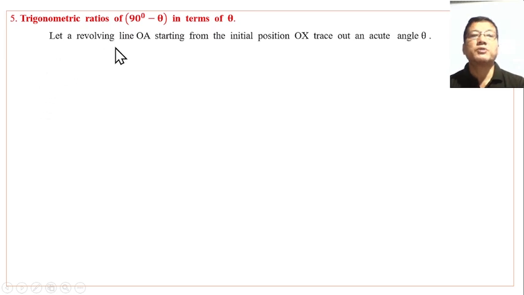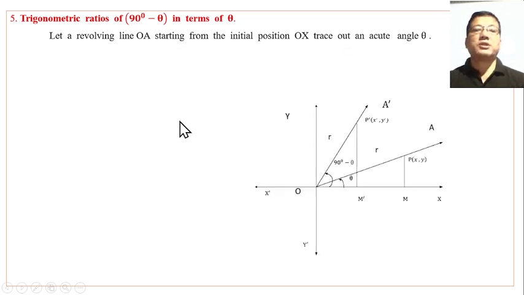Trigonometric ratios of 90° minus theta in terms of theta. Let a revolving line OA, starting from the initial position, express an acute angle theta as in this picture.